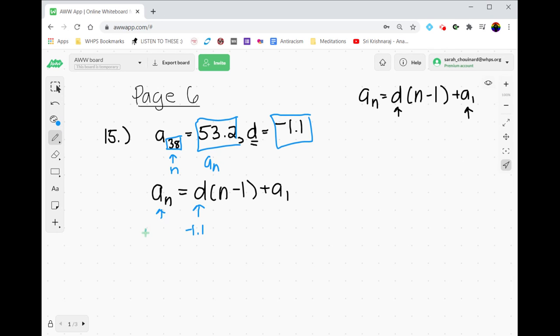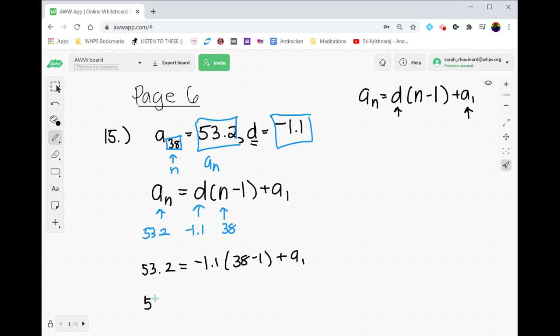So for a sub n, I'm going to replace it with 53.2, and for n, I'm going to replace it with 38. What that gives me is 53.2 equals negative 1.1 times 38 minus 1. And then I have plus a sub 1 at the end, which is good because that is what I need to calculate in order to write the explicit formula.